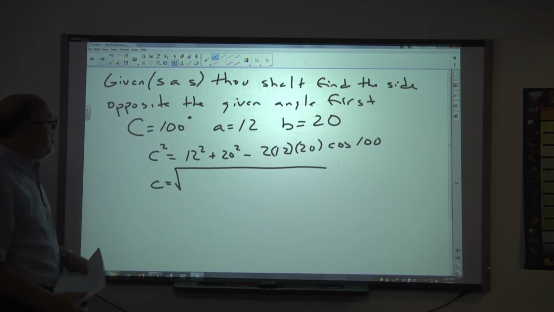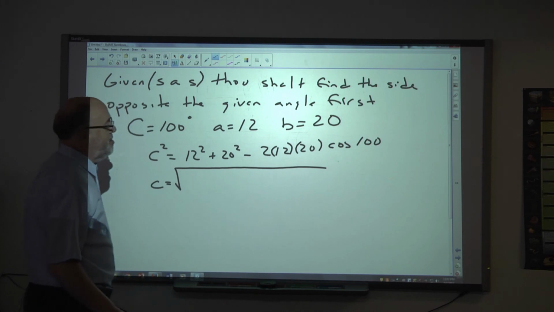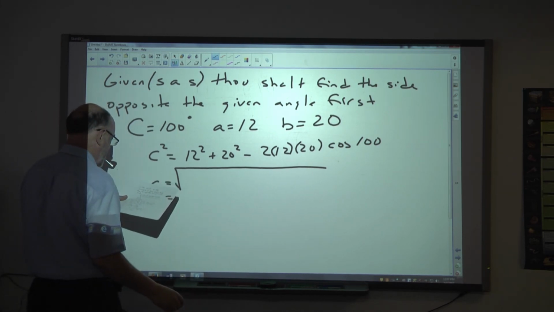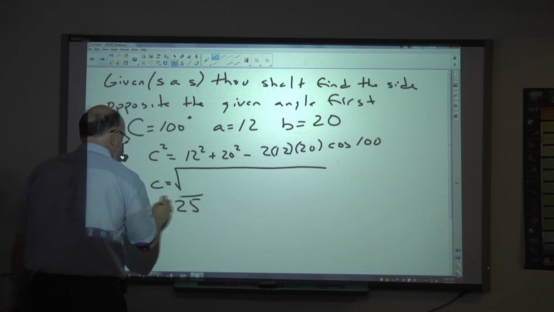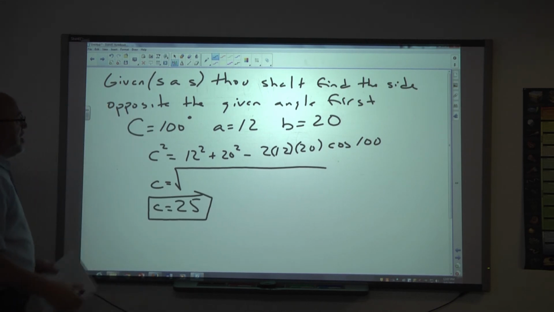So you plug in the square root, plug all of that in there, and then just hit enter at the end, and you should find that side C is going to be 25. Right? So we got that side.